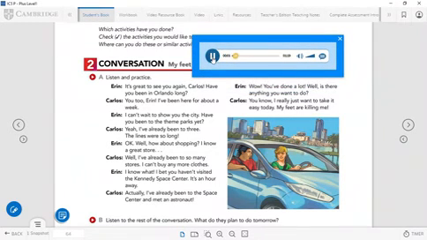Unit 10. Have you ever been there? Page 64. Exercise 2. Conversation. My feet are killing me. Part A. Listen and practice. It's great to see you again, Carlos. Have you been in Orlando long? You too, Erin. I've been here for about a week. I can't wait to show you the city. Have you been to the theme parks yet? Yeah, I've already been to 3. The lines were so long.